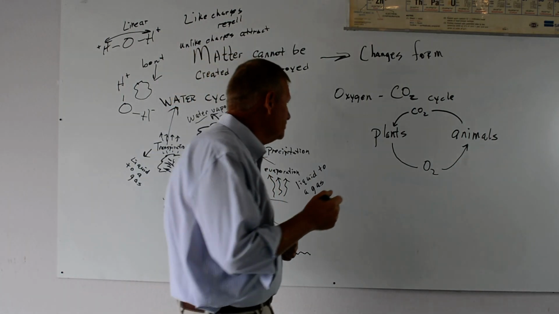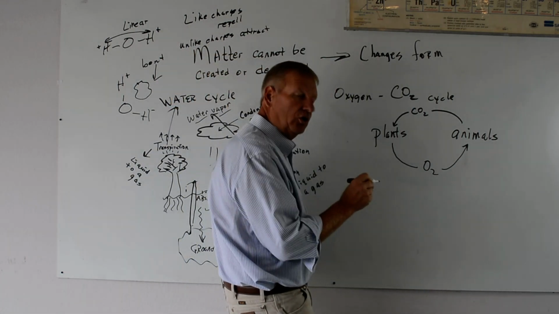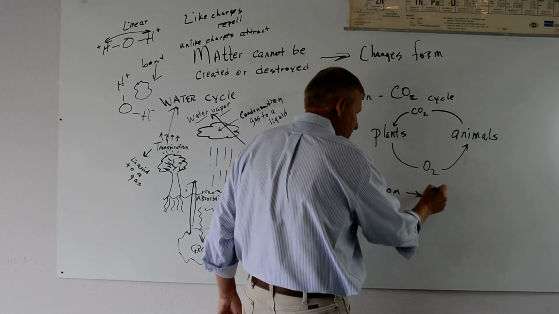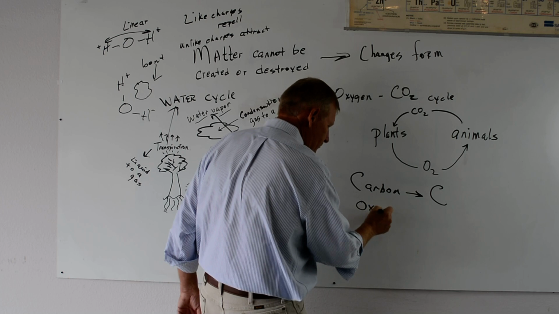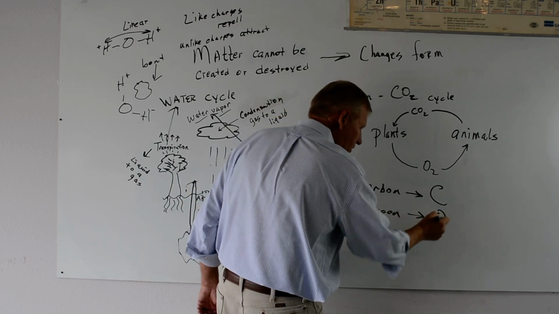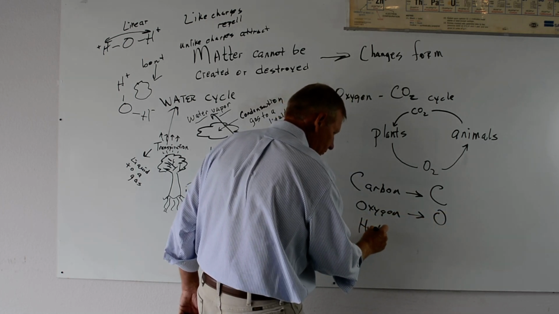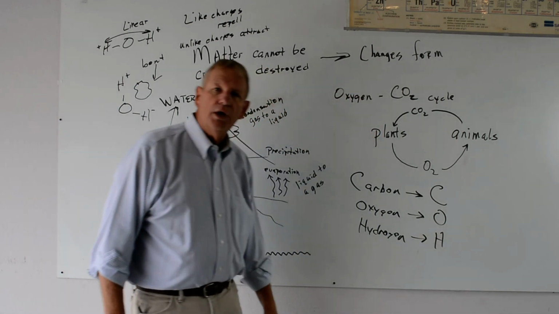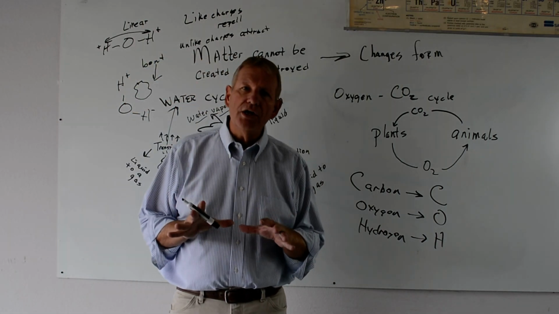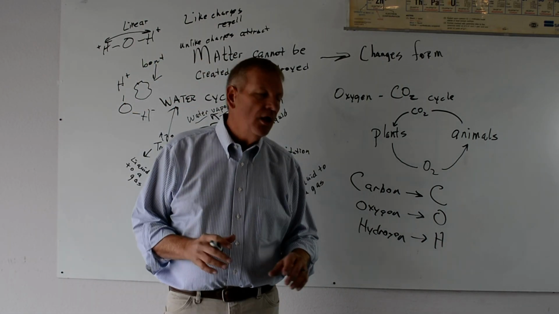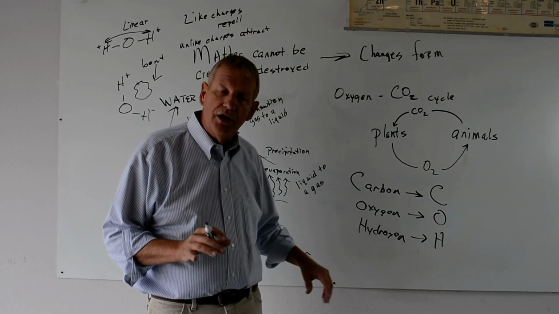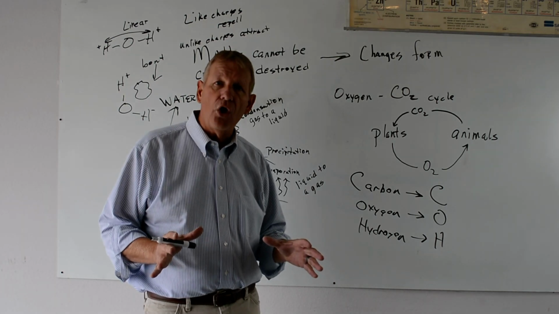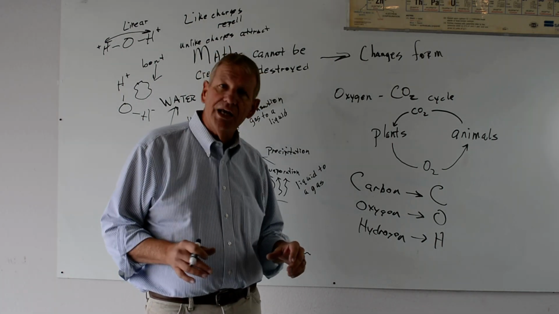Especially in living organisms, the three main chemical elements are carbon, chemical symbol C, oxygen, O, and hydrogen, H. So these are the three most abundant, three most important, three most critical things that we have to take a look at. As a matter of fact, we have a whole chemistry devoted to those three. It's called organic chemistry. Organic is living.